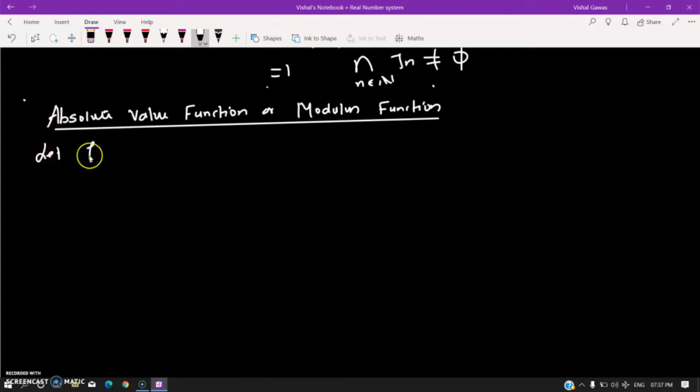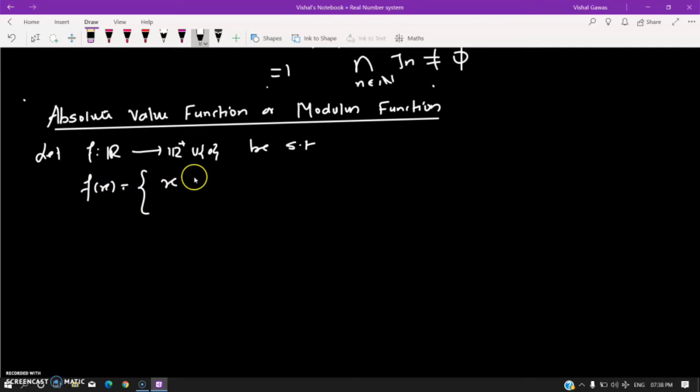Let f from R to R plus union 0 be such that f of x equals x whenever it's a positive number, and it's equal to negative of x whenever it's a negative number.